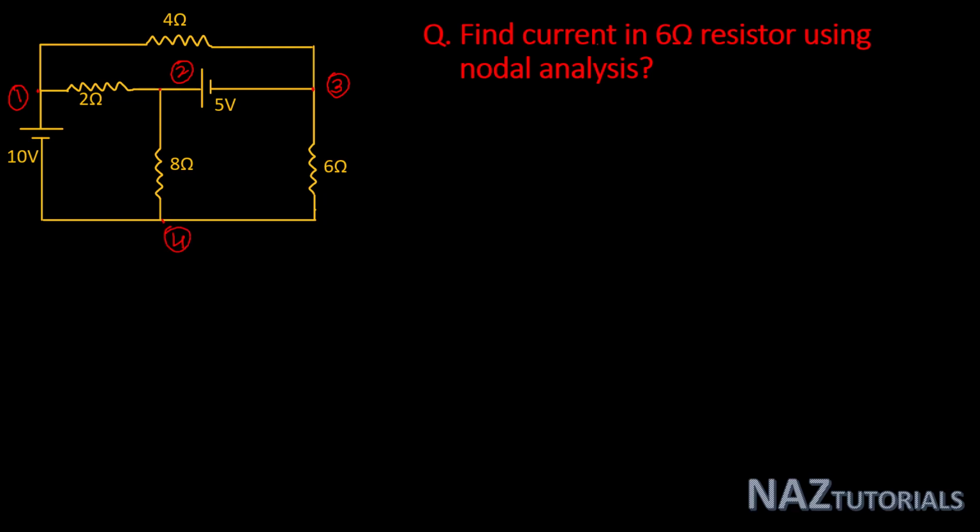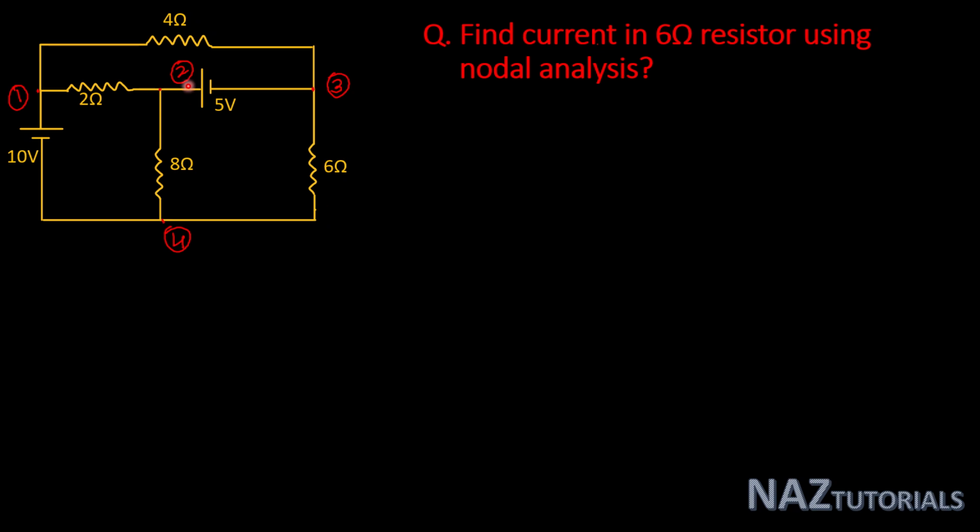Now here we will assume one node as a reference node. If you select node 4 as the reference node, then node 1 voltage we can define by this 10 volt source, and node 2 and node 3 become a supernode for this circuit, and we will get the equation by the 5 volt source.